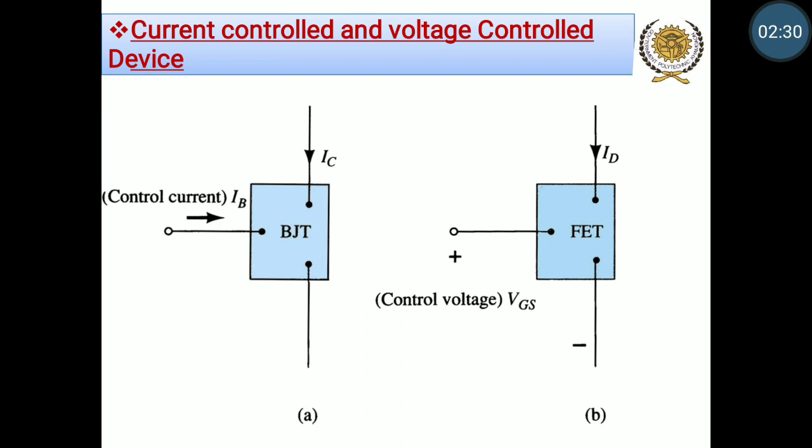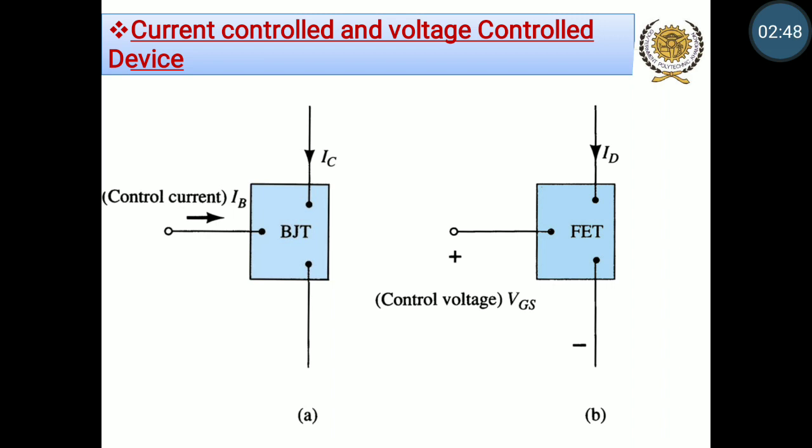So here is the answer to your previous question. Many of you might have written it in your notebook. So our question is, what do you mean by current controlled and voltage controlled device?